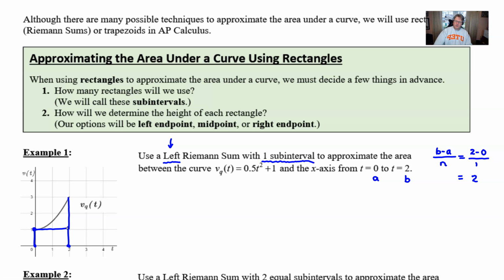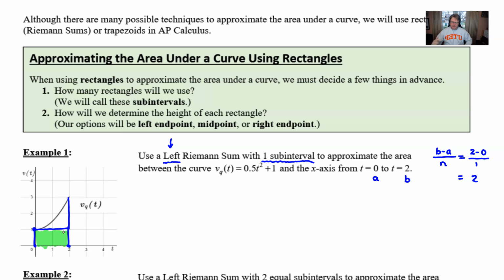And so there we have our rectangle. That will be shaded in, let's color it in this green, and we're going to find the area of that particular rectangle and use it as the approximation of the area underneath the entire curve. Now, I didn't say it was going to be a good approximation, but that's how you would answer this question.